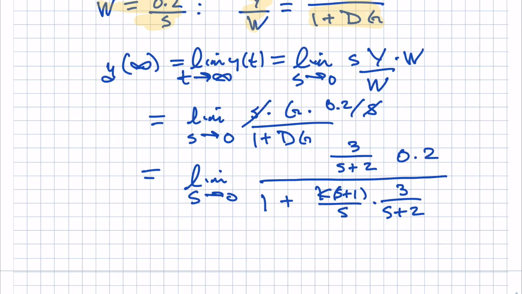Okay? And so what I get when I plug in 0, I can look at this and make a logical conclusion without doing any more algebra. Because on the top, when s goes to 0, we get 3 halves times 0.2. That's a finite number on the top. On the bottom, we have 1, and then we have a pole at the origin. So as s goes to 0, when this s equals 0, this one right here just gives us 3 halves.